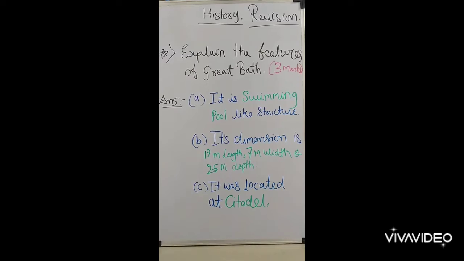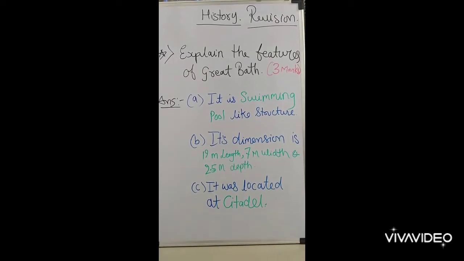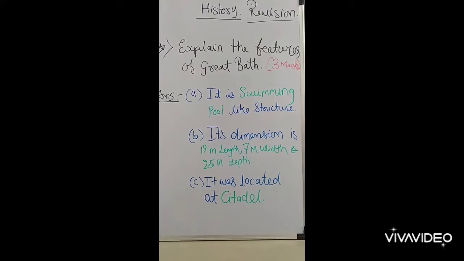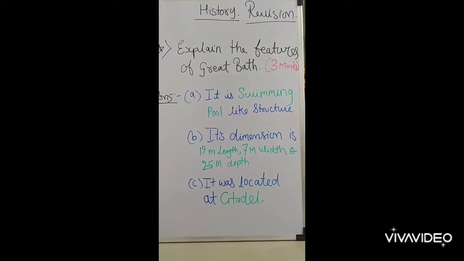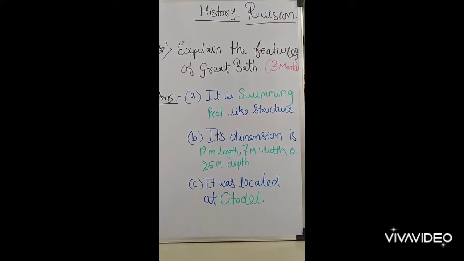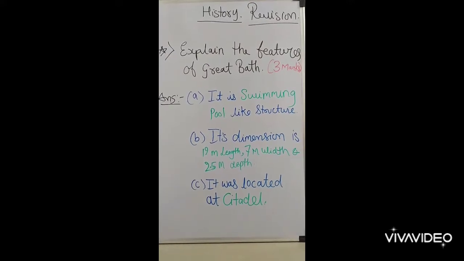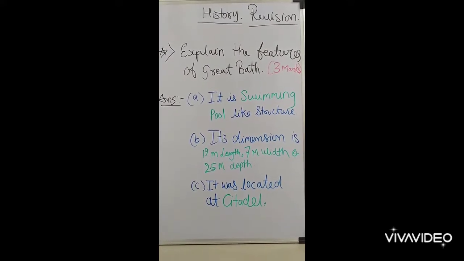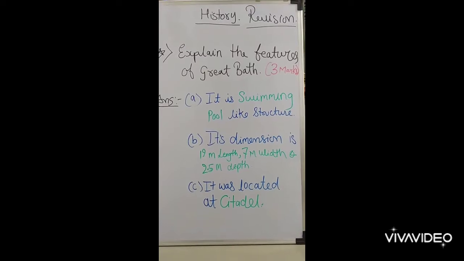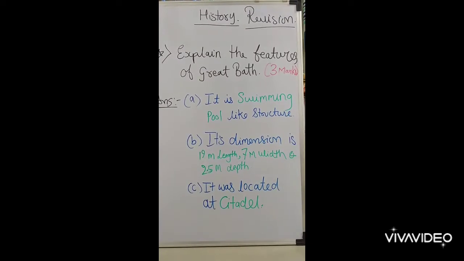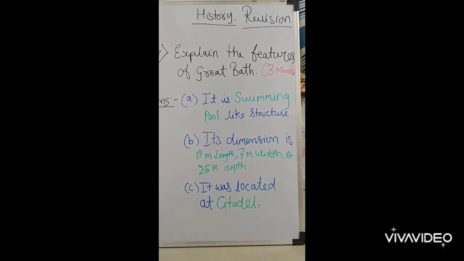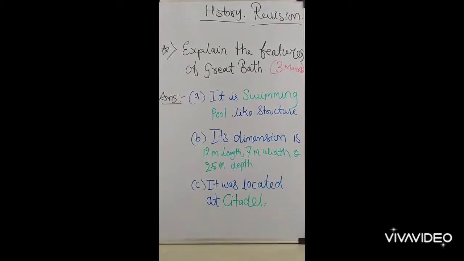So this ruin gives us an example of their architectural feature. Now the dimensions tell us about its vastness: 12-meter length, 7-meter width, and 2.5-meter depth. So that is giving you marks.